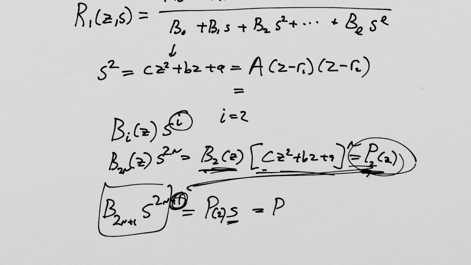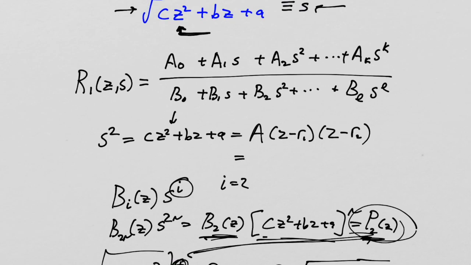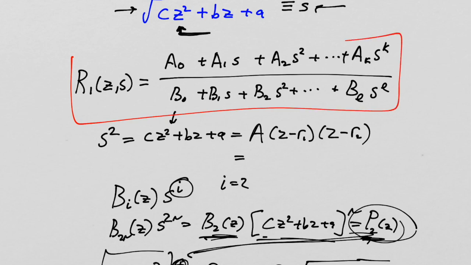So that's always going to be P2 of Z times the square root of CZ squared plus BZ plus A. So that realization actually brings this guy into a much tighter structure than would initially appear.